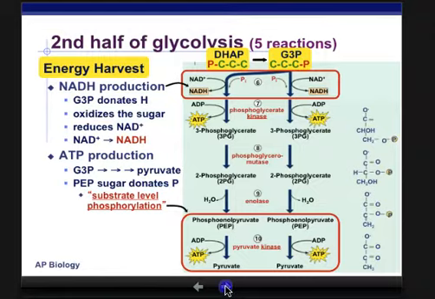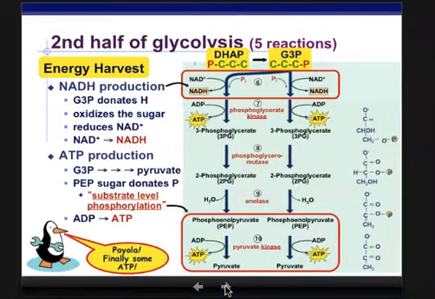So we get some more ATP: ADP becomes ATP. And they finally pay off some ATP. So the first 5 steps are about getting down to the 3-carbon sugars, and then the second half is converting the 3-carbon sugars into pyruvate, and along the way is when we get our ATP and our NADH.